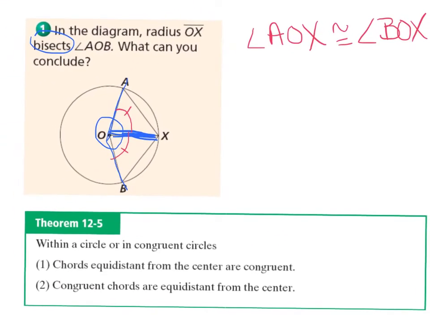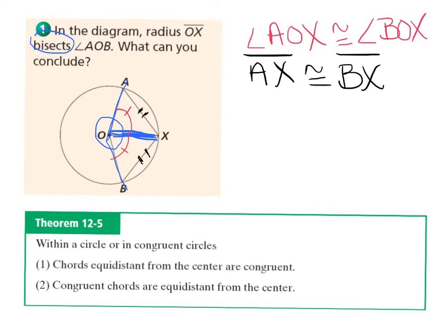So looking at this, our congruent central angles, so we have congruent chords here and here. So I'll put 2 so we don't get them confused with the red. So we would say chord or segment AX is congruent to segment BX, and as well as our arcs are also congruent.